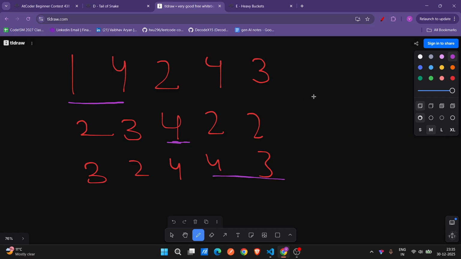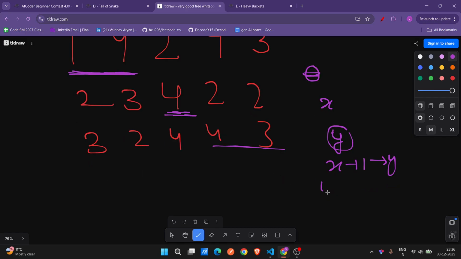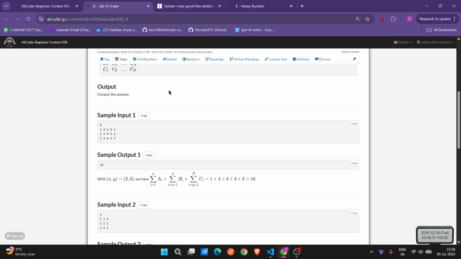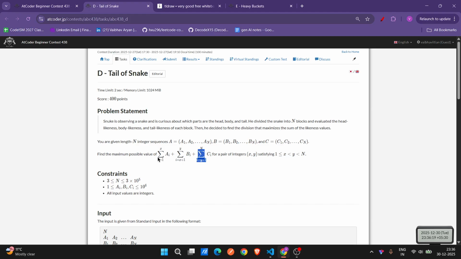It means you have to pick an x, and then you can take from 0 to x in this, then you pick a y, and then you can pick from x plus 1 to y in this, and then you pick from y plus 1 to n in this. I hope the problem is too straightforward. You have to maximize this value. Definitely when these kinds of questions come, you have to maximize the sum.